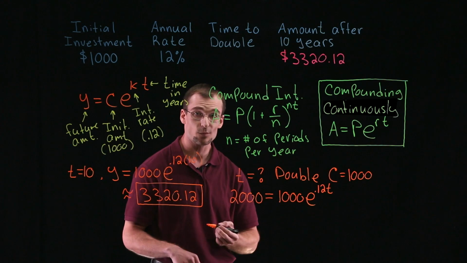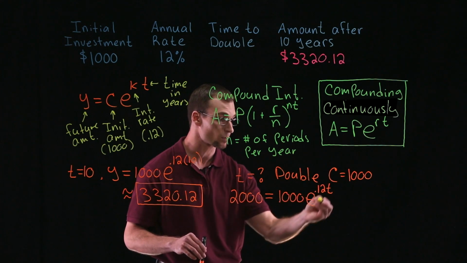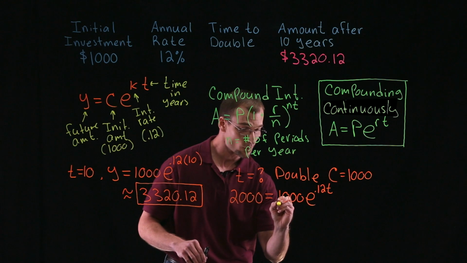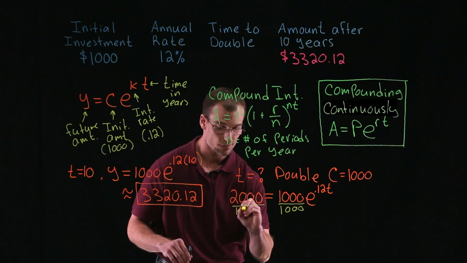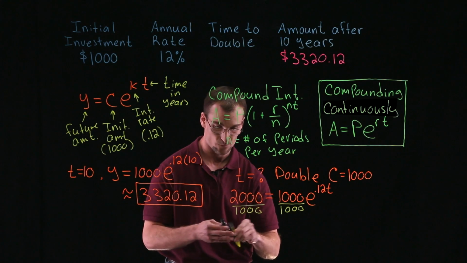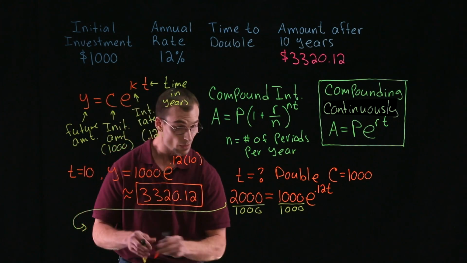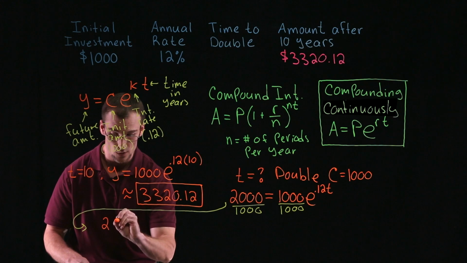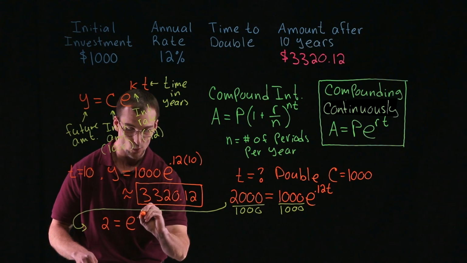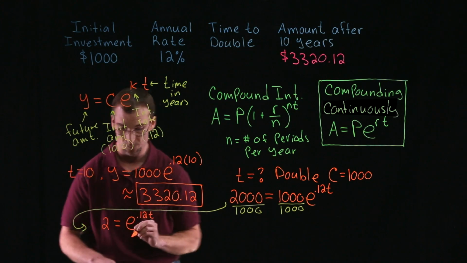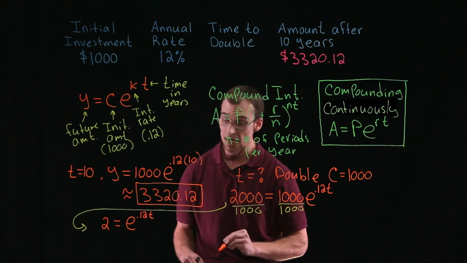We've done things like this before in algebra. What we want to do is first isolate the term with the variable on one side, so we'll divide both sides by 1,000. That gives us the equation 2 equals e to the 0.12t. Again, we want to solve for the variable t, and t is in the exponent position.